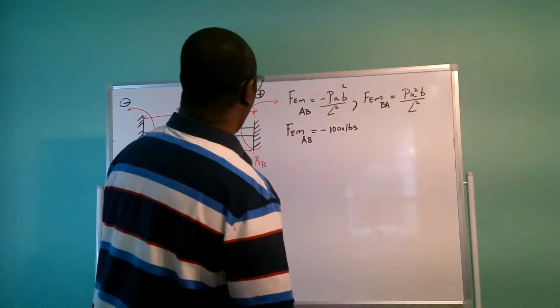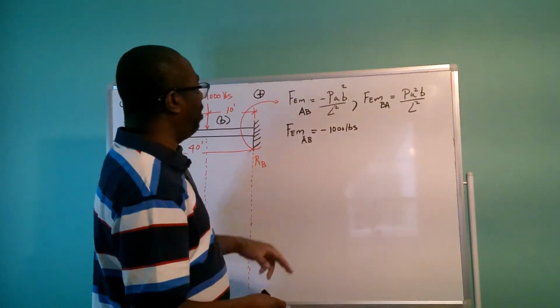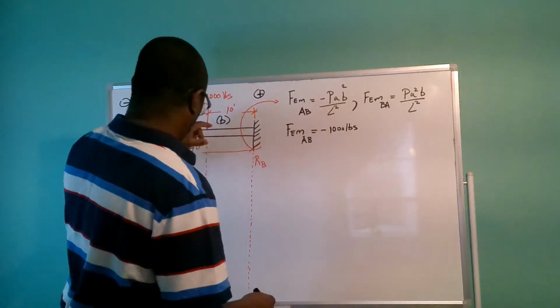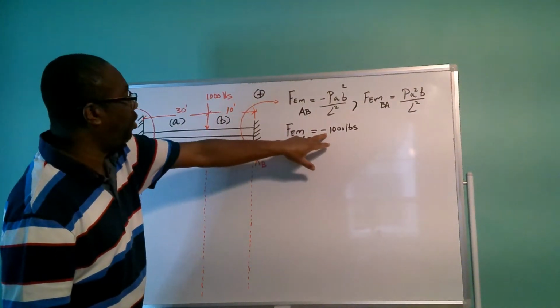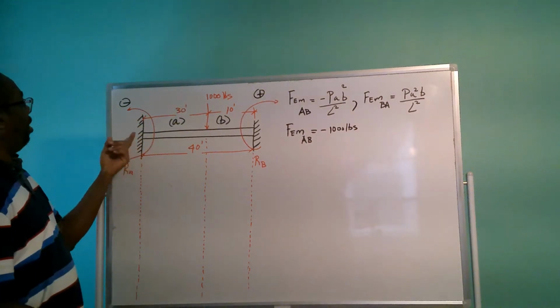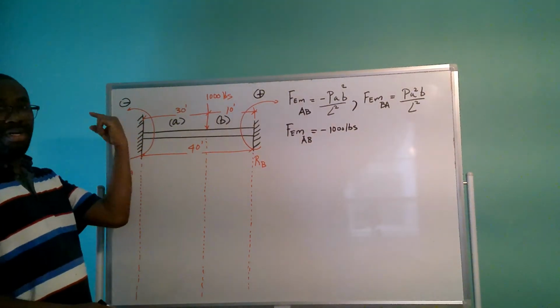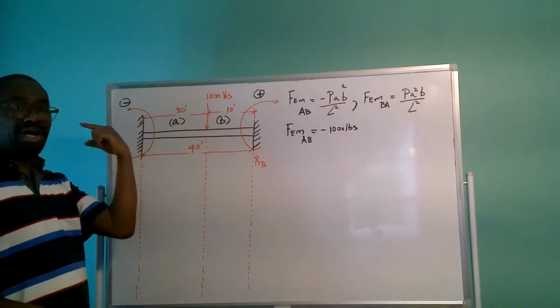So we have the fixed end moment AB, where the load coming down is P, and P is 1,000 pounds. We have a minus 1,000 pounds because the load at A is turning the beam in a negative, clockwise direction.